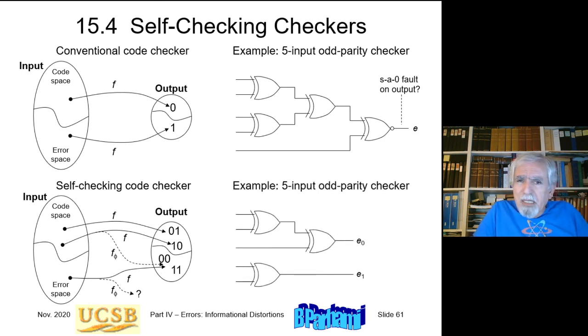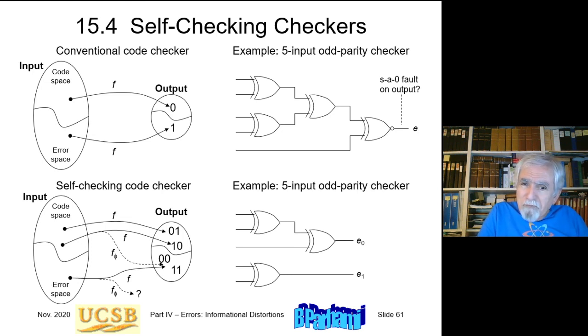So this is the self-checking checker for the same odd parity code. Now this is interesting because the self-checking checker is simpler in terms of complexity. It uses only 3 gates as opposed to 4. This usually is just the opposite. The self-checking checker tends to be more complex for this example.